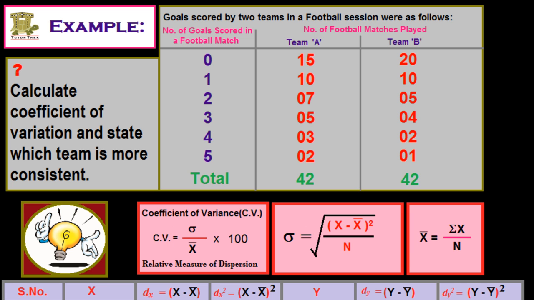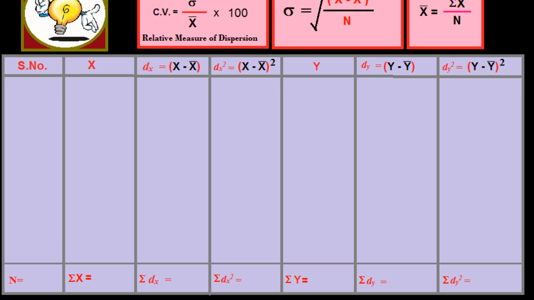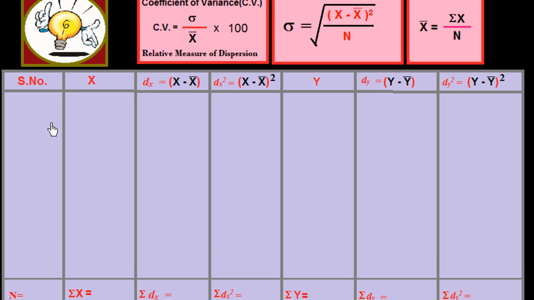So here we have to make the table. First of all, we write down the data we have. I am giving the serial numbers of the data: 1, 2, 3, 4, 5, 6, six data values here, and I write down all the data.